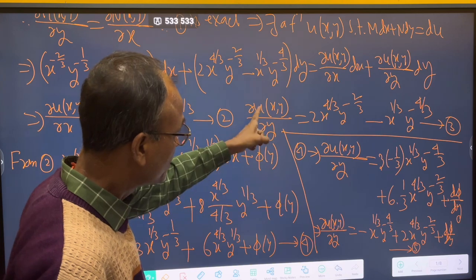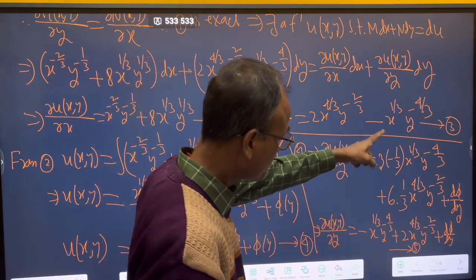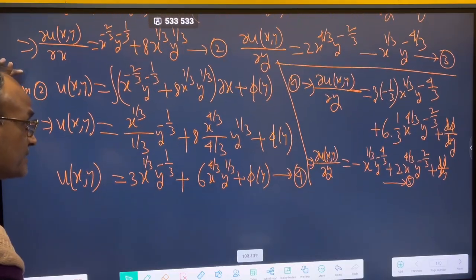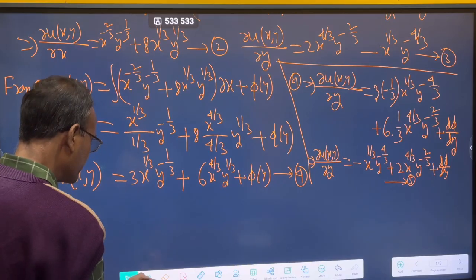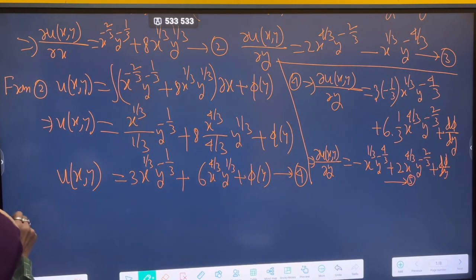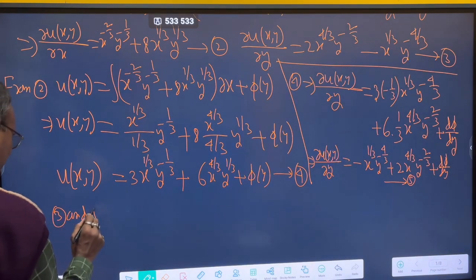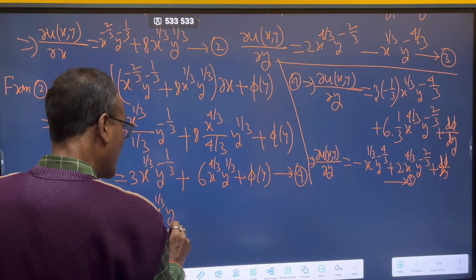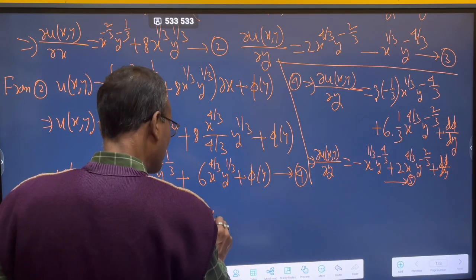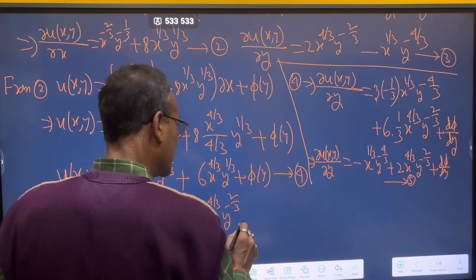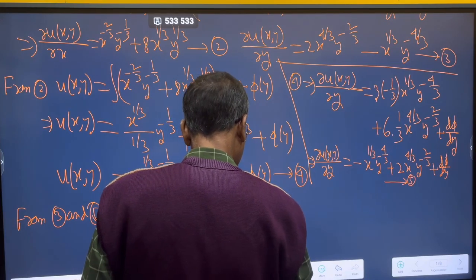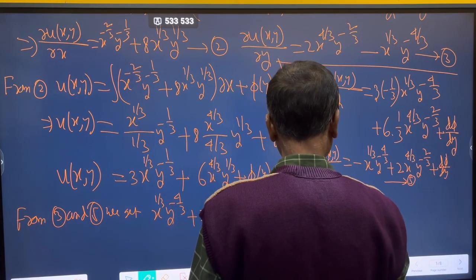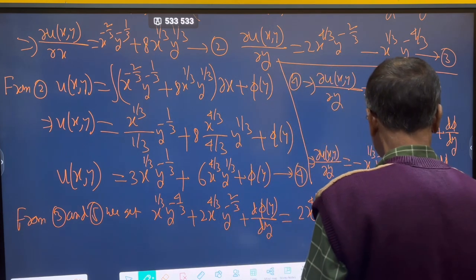Now compare 3 and 5. Both are del u by del y. From 3 and 5 we get, from 5, you write x to the power 1 by 3 y to the power minus 4 by 3 plus 2 times x to the power 4 by 3 y to the power minus 2 by 3 plus d phi by dy equal to, from 3, you write 2 times x to the power 4 by 3 y to the power minus 2 by 3 minus x to the power 1 by 3 y to the power minus 4 by 3.